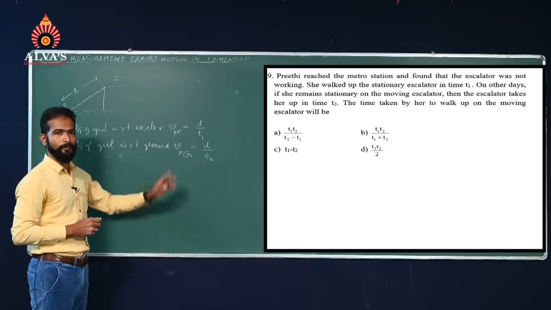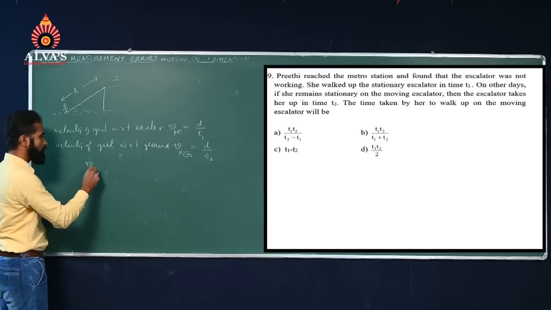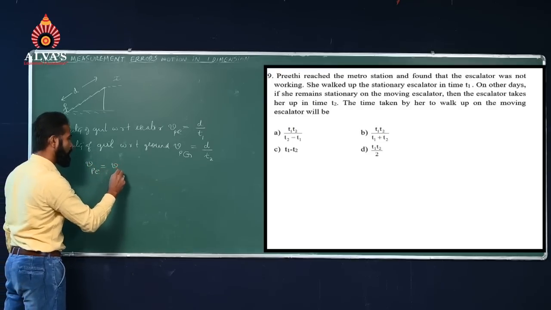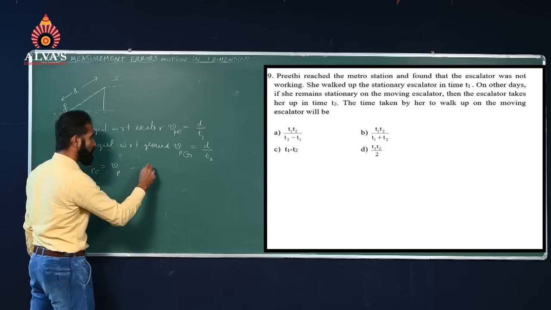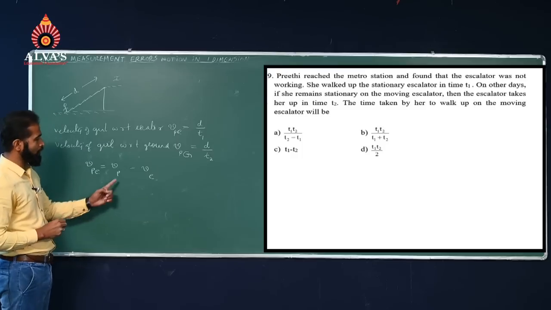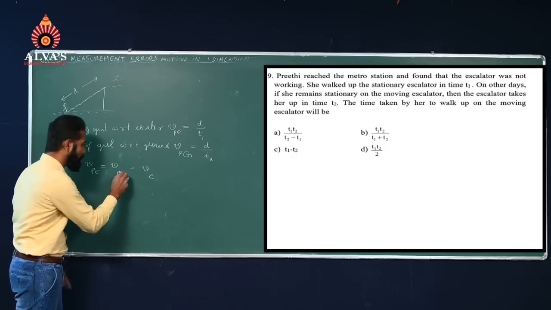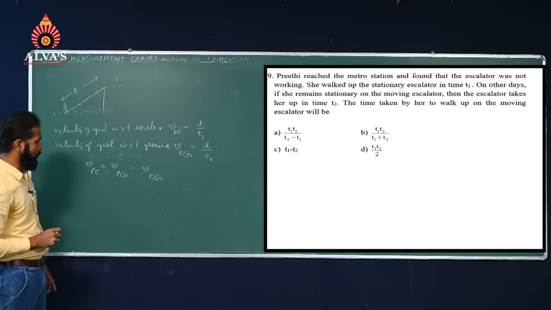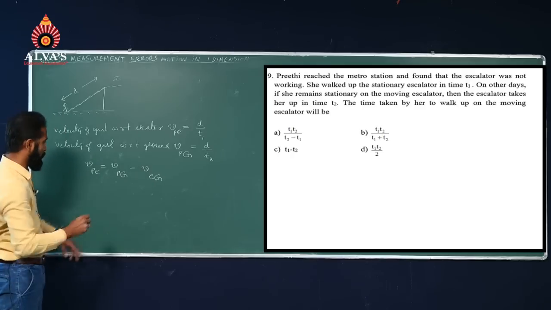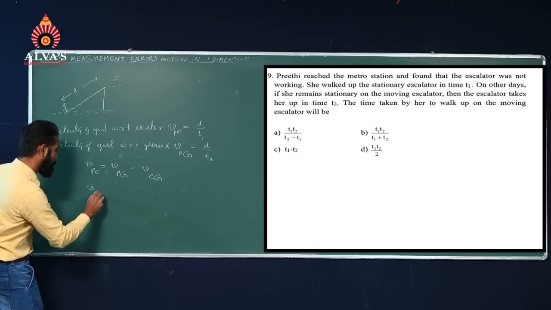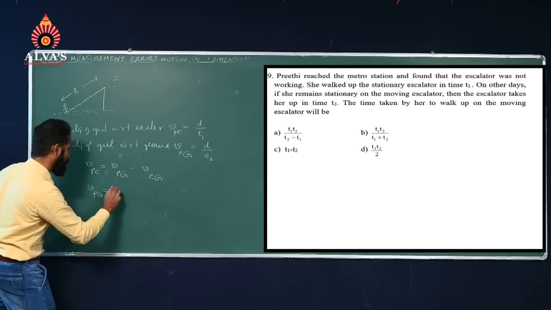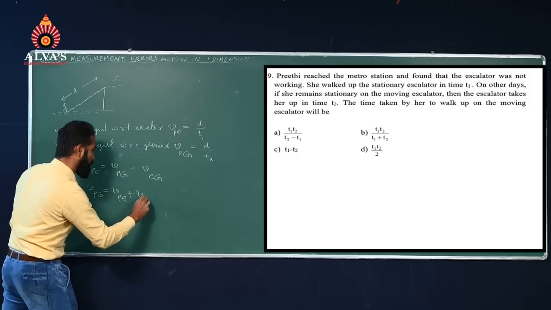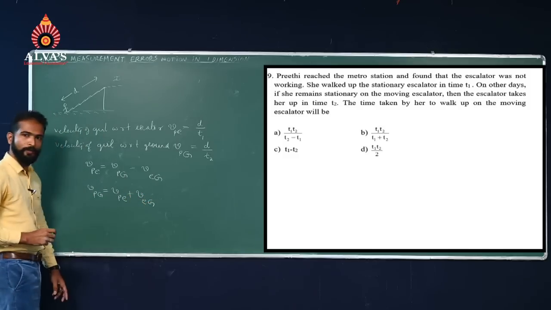Now let us use the concept of relative velocity. So velocity of Preeti with respect to the escalator should be equal to velocity of Preeti minus velocity of escalator. But here this velocity is measured with respect to the ground, and here this velocity is also measured with respect to the ground. So let us rearrange the terms. So velocity of Preeti with respect to the ground will become velocity of Preeti with respect to the escalator plus velocity of escalator with respect to the ground.